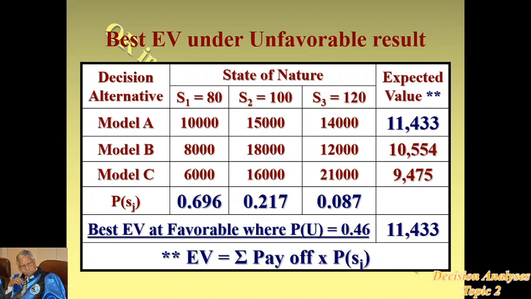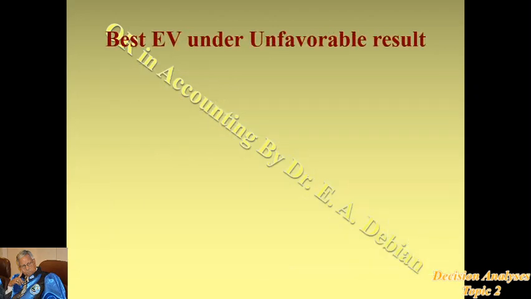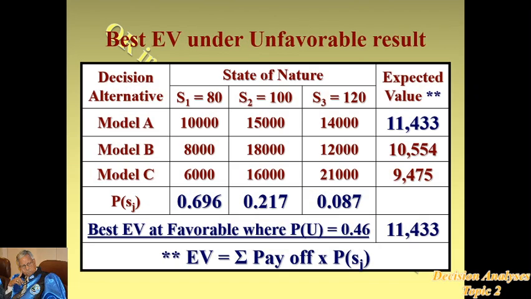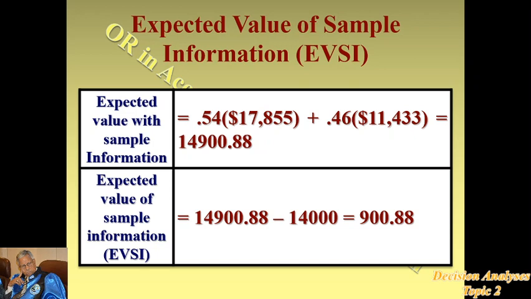From this figure, 11,433 with probability 0.46, and the previous one, 17,855 with probability 0.54, we can get the upper bound of the expected value of sample information.